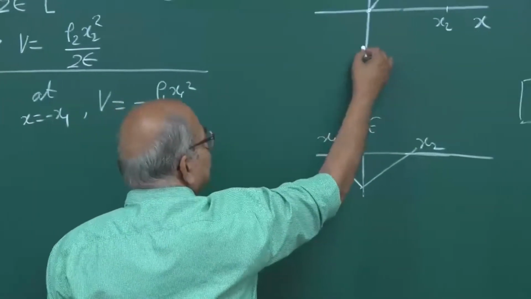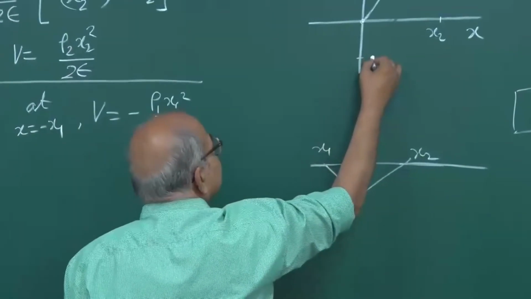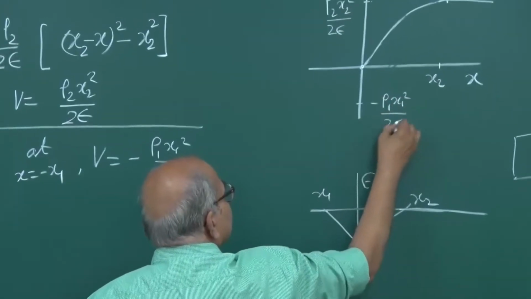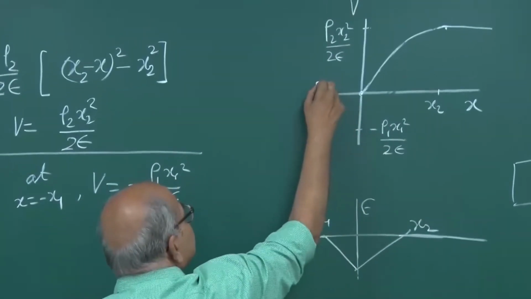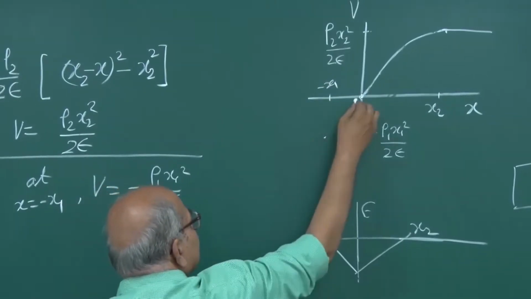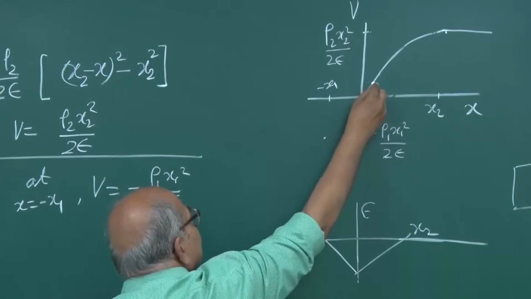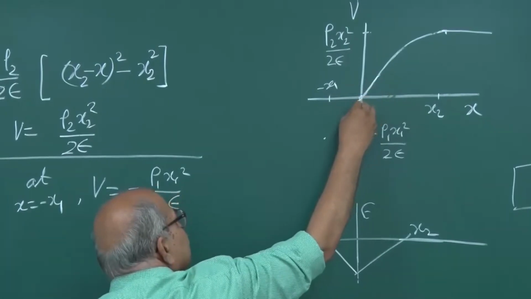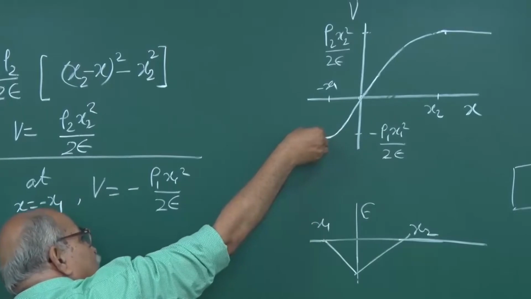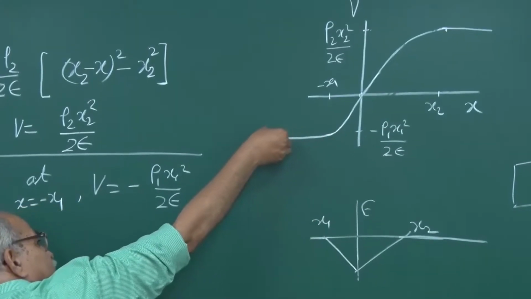So this point is x equal to minus x1, and you have to join this point and this point. So this comes like this, and then it turns, and here the slope should become 0, and then it should become constant.